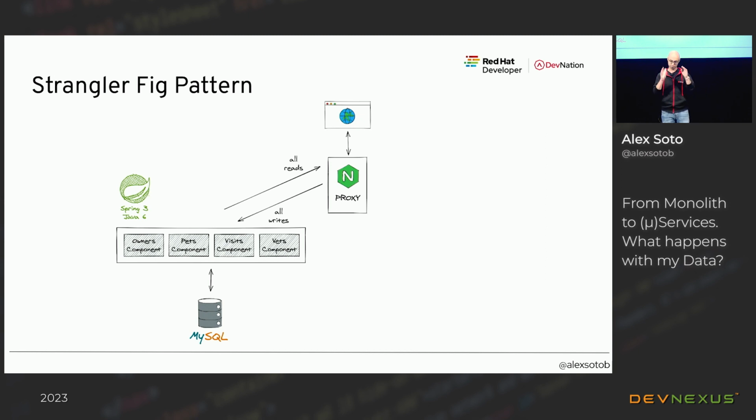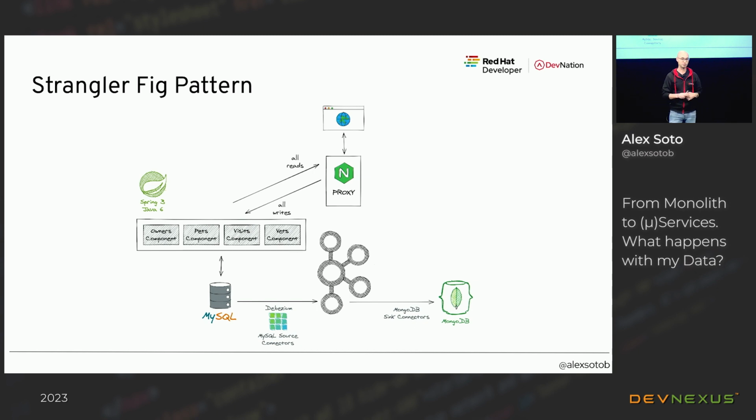Now, when you build Nginx, you configure it so that all the reads and all the writes go to the monolith. This is not really dangerous. You're just putting in a new piece, but all the traffic still goes to the monolith. The monolith is not redeployed. The monolith is the monolith, but Nginx is in the middle.